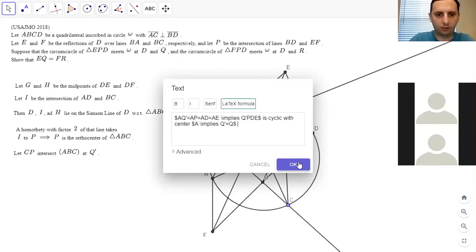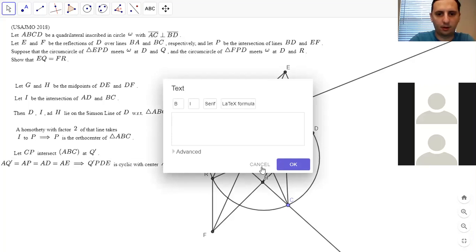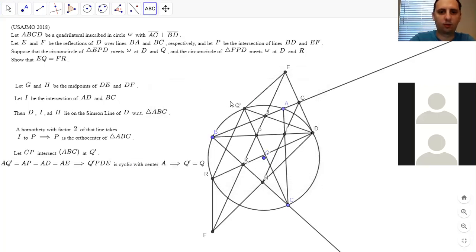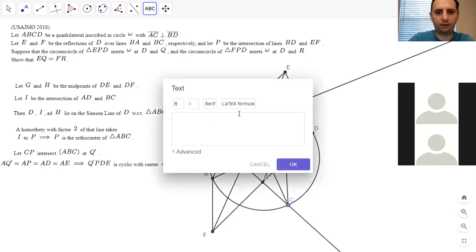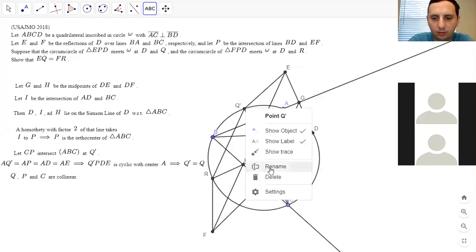See if this all fits on one line. It did. It's nice. All right, so we have Q prime equals Q. So basically Q, P, and C are collinear, and then similarly, I'm going to draw on that circle.